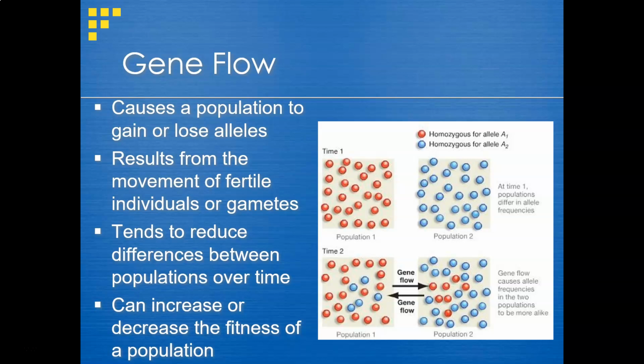When we look at each individual isolated population in a situation like this, depending on what individuals are moving in and moving out and the alleles that they're taking with them, you can decrease or increase the overall fitness of the population. I would say if you take a look at both populations collectively, if this is happening enough, you're probably overall increasing the fitness of the two populations collectively.